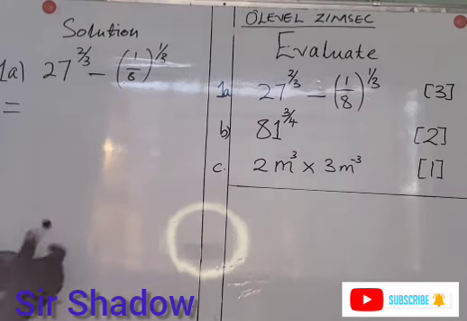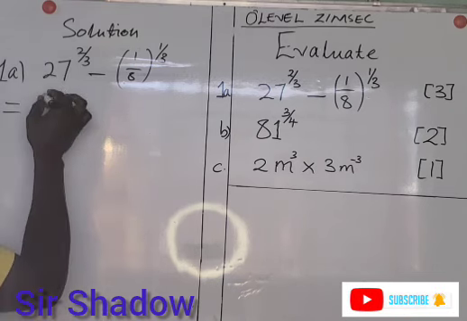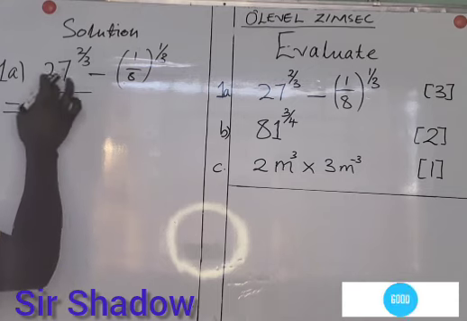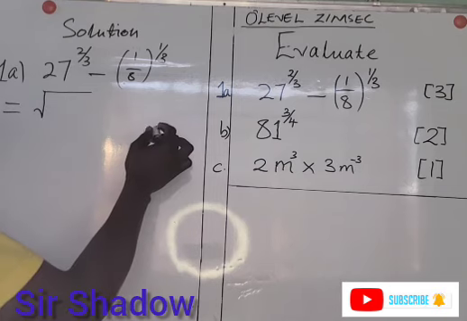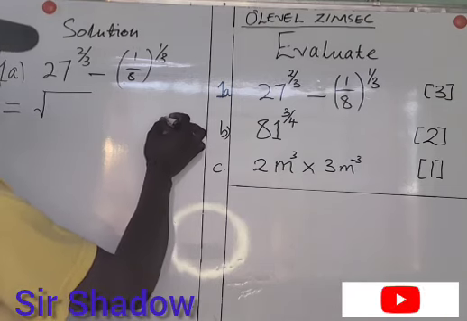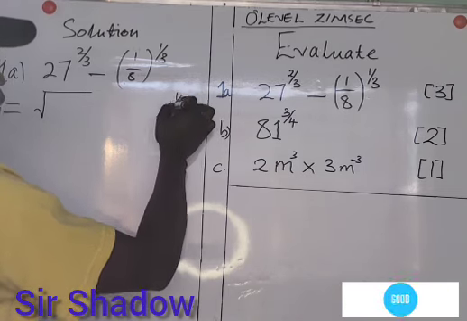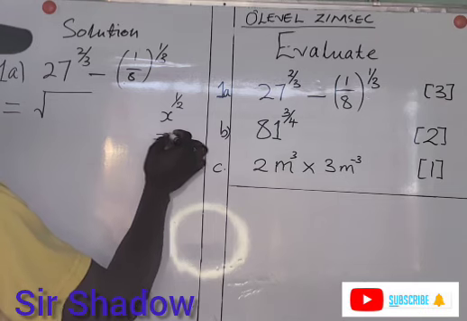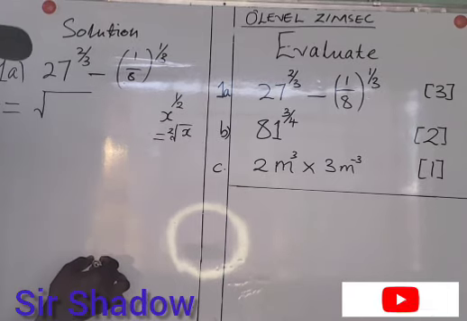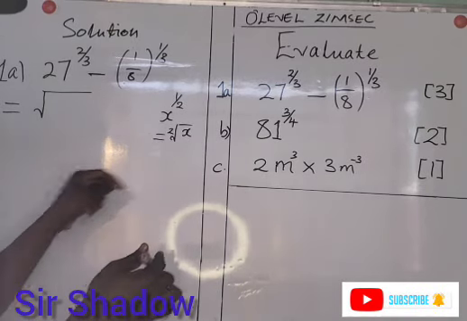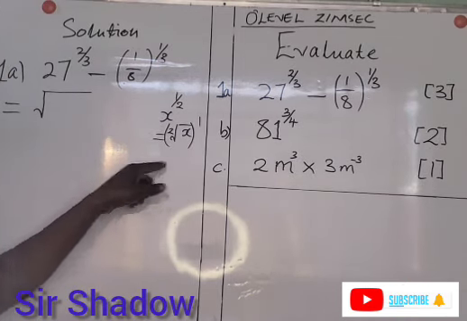Applying the laws of indices, we have to introduce the root. We apply the law x to the power of 1 over 2, which becomes the square root of x, and the 2 becomes the index of the root. So we want to apply this law to this condition.